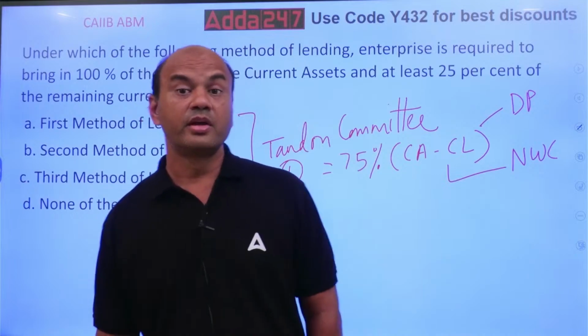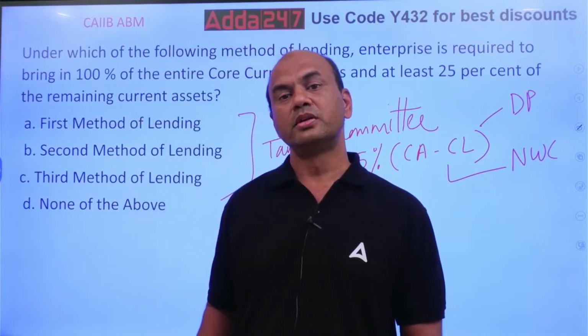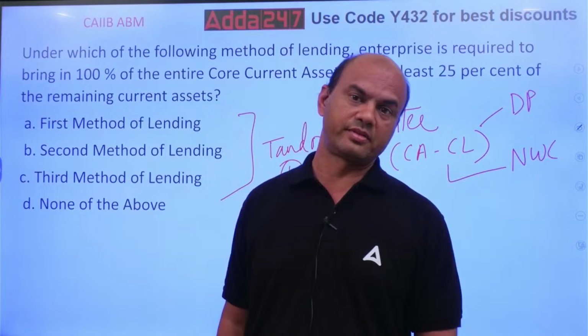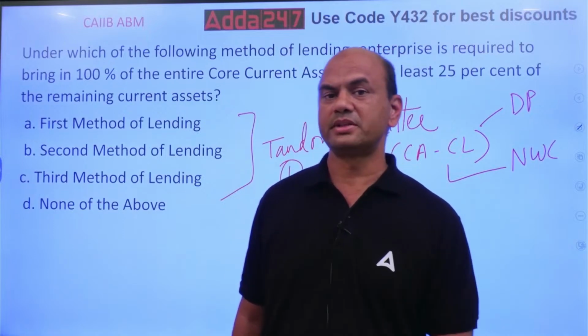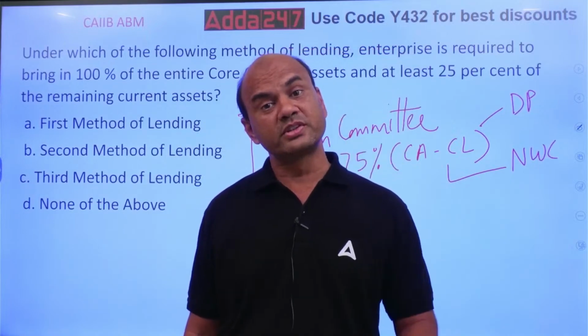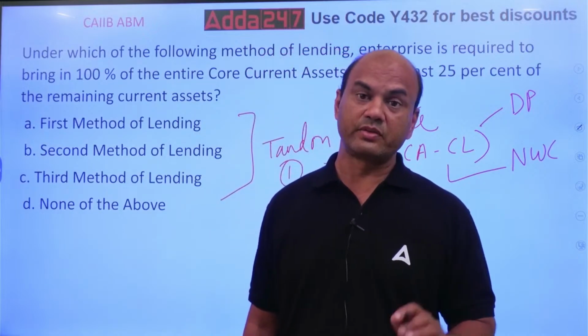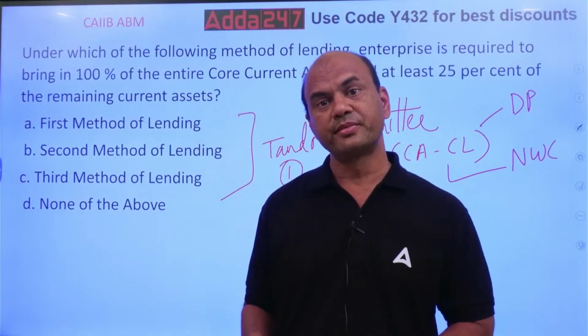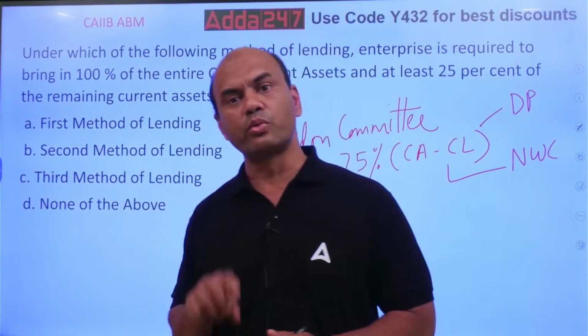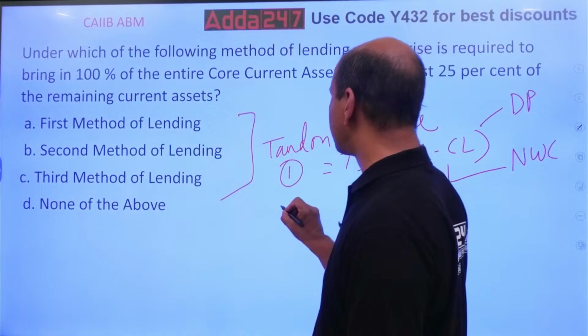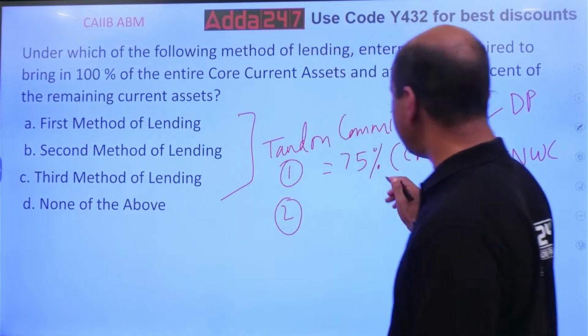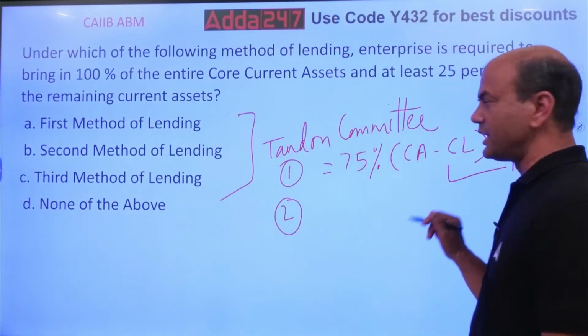Okay. Now method 2. This method is very useful. In the second method, we use this while sanctioning the CC. Whenever we sanction a new loan, CC, we generally use method number 2. What is this method number 2? Slight difference is there. Almost same. See this.